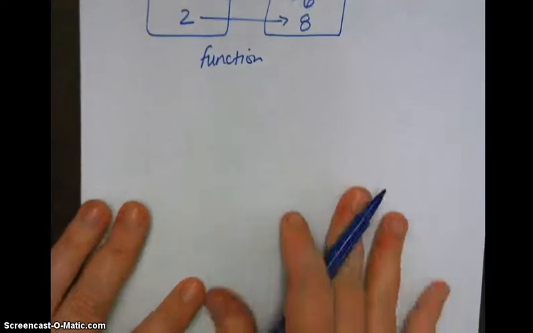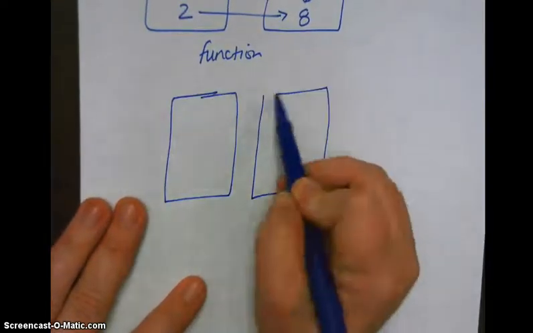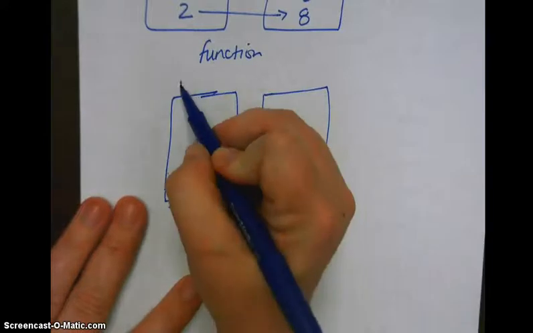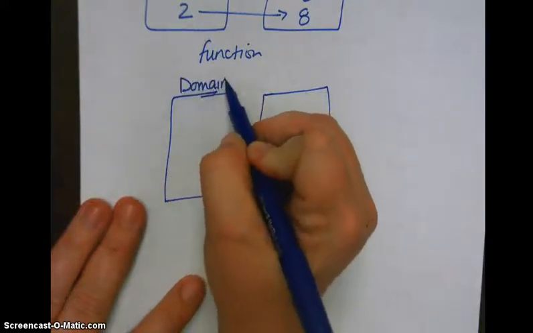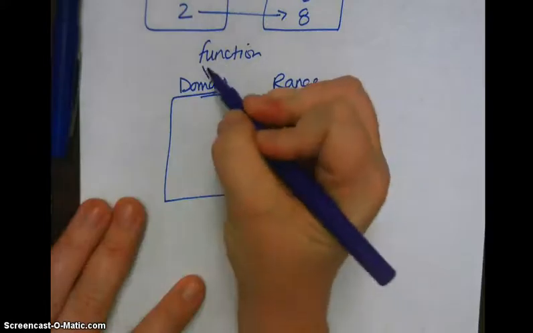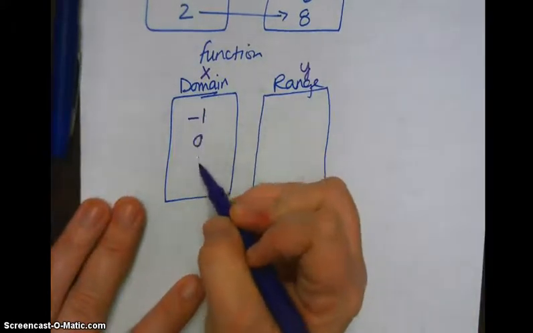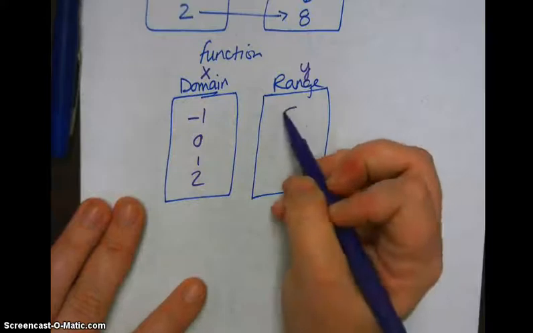An example of a non-function, for this one I'm going to use a fancy word, domain, which we talked about, domain and range being really our x and y values. So the x values can only have one y value.